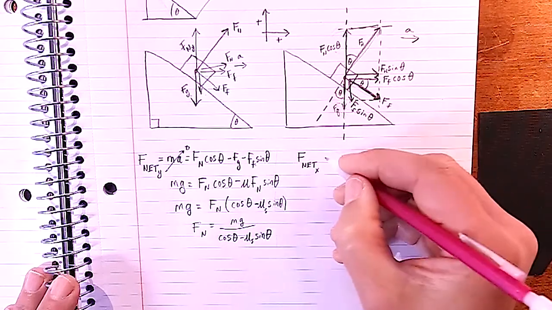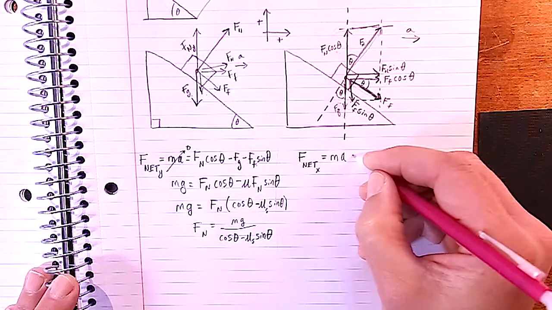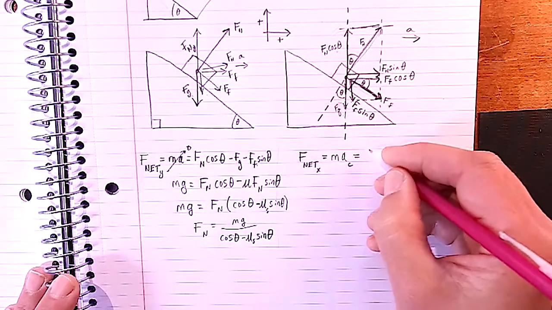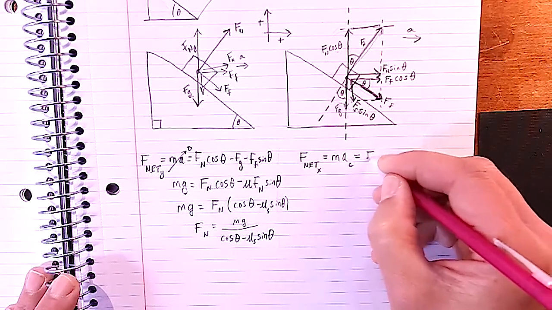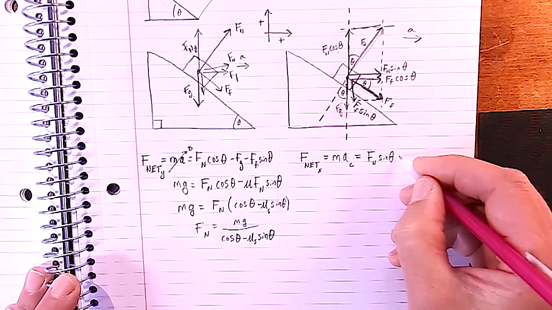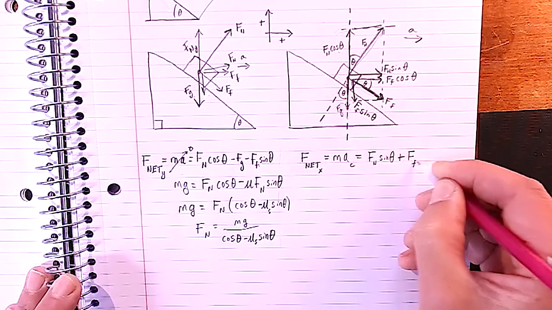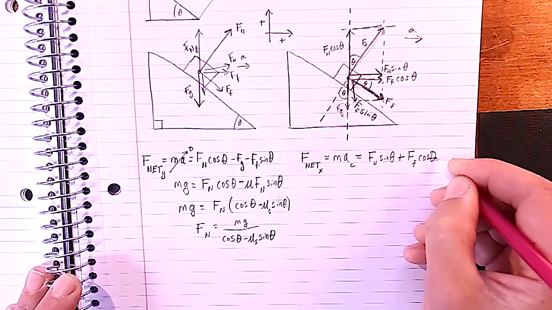Now in the x direction, we have two forces. We have ma, which is our centripetal force, and our two forces are Fn sine theta, the component of Fn acting to the center of the circle, plus the component of friction, which is going to be Ff cos theta.